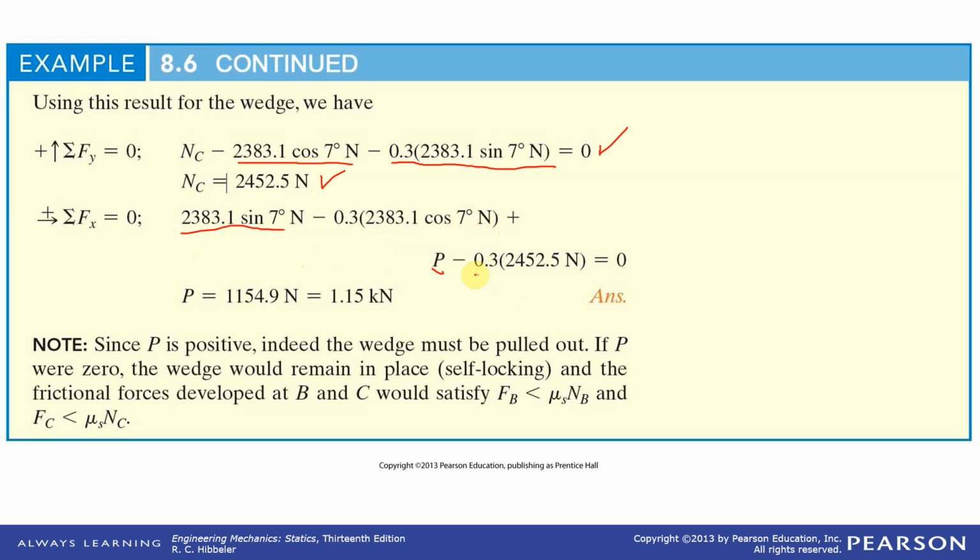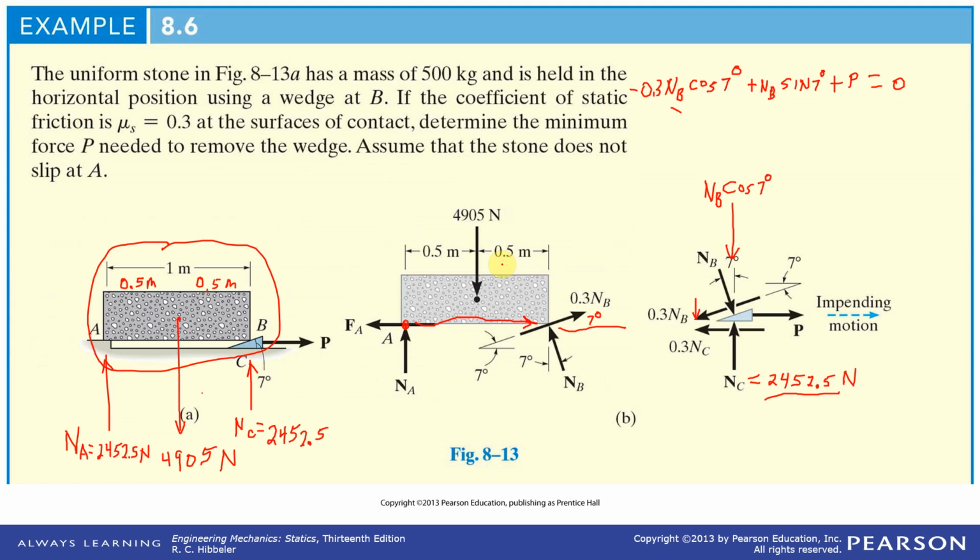And I forgot one term: coefficient of friction times NC. Earlier I forgot one. I counted 1, 2, 3. I forgot this, so I've got to add one more. And it's going to be opposing the motion, so it's going to be going in the negative x direction.